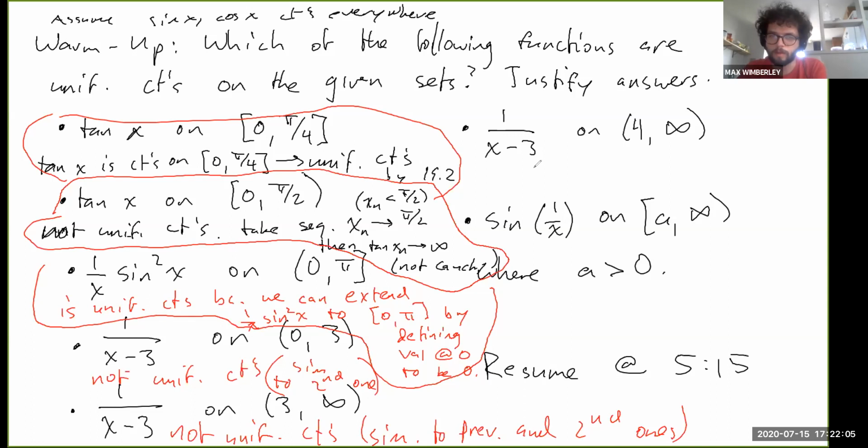And then this one is uniformly continuous, right? One way of seeing this would be that the derivative is bounded.